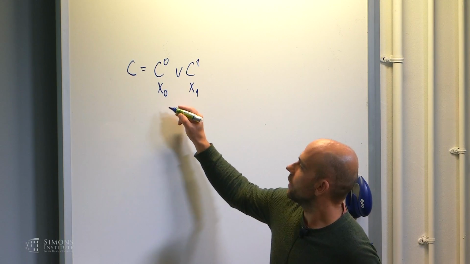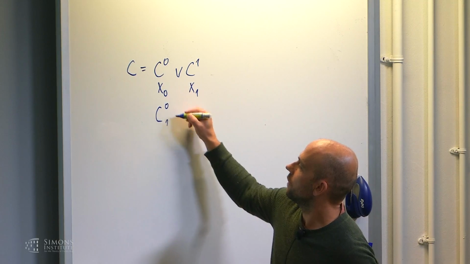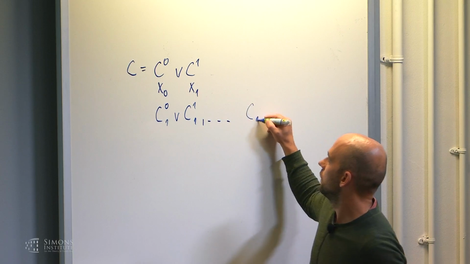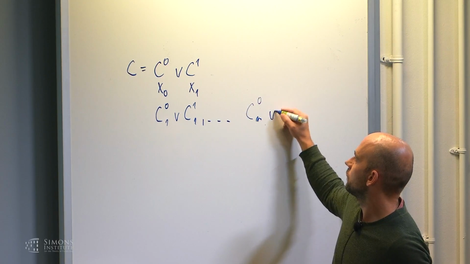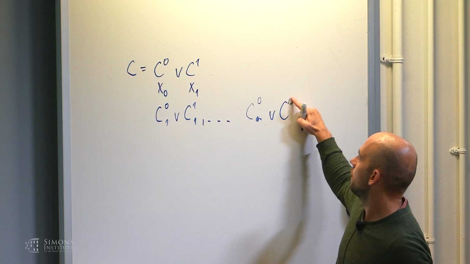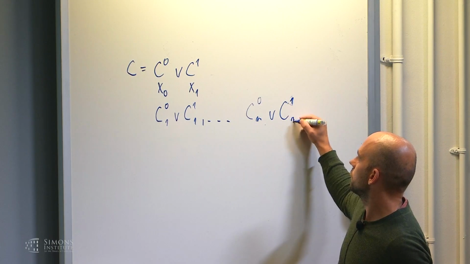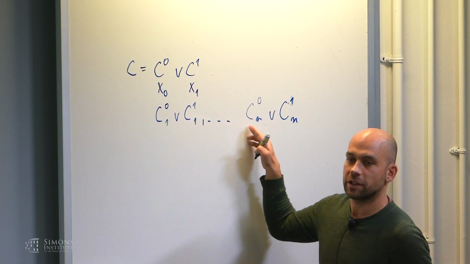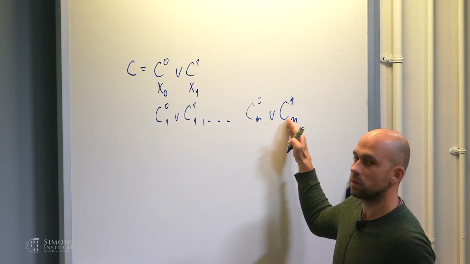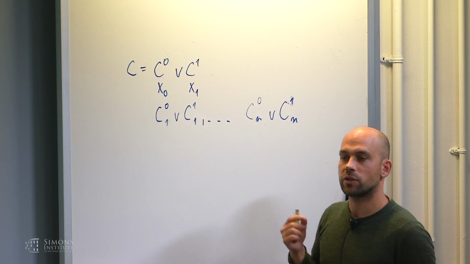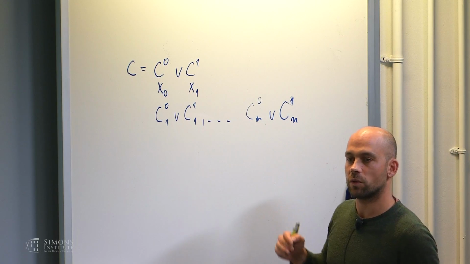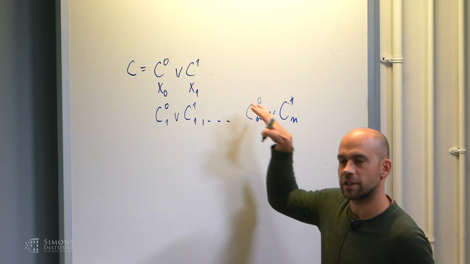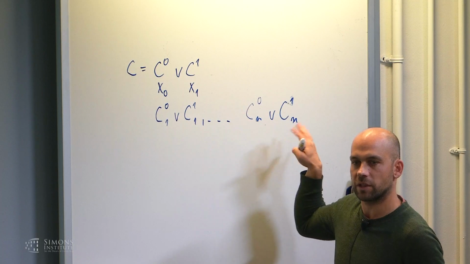Or put yet differently, the clauses look the following way. Alice knows all of the C0s, and Bob knows all of the C1s, and they are supposed to find a clause which is false, which is basically the intersection between the false clauses that Alice sees and the false clauses that Bob sees.